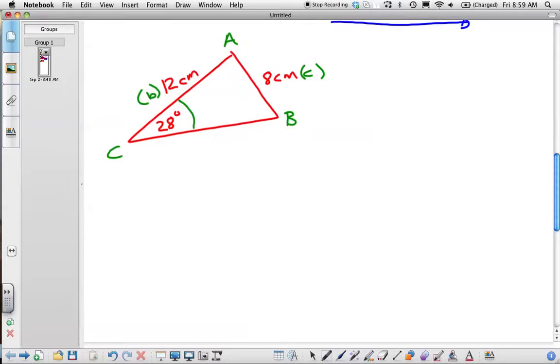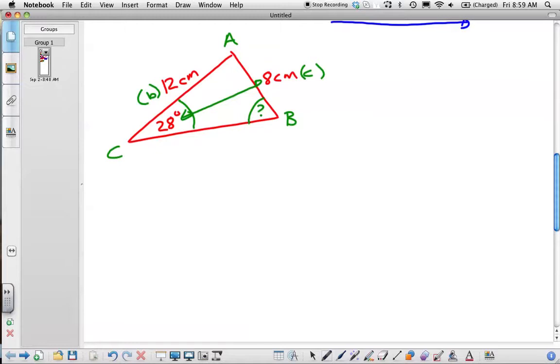Notice here we've got an angle and an opposite side. We've got this pair, which shows me that the sine rule is going to work really well. We want to find the angle B in this triangle.